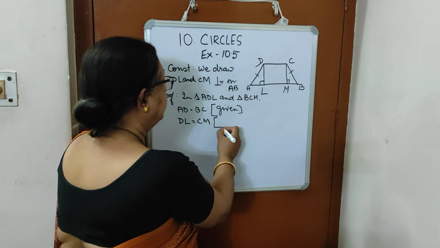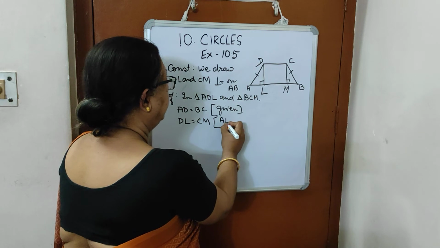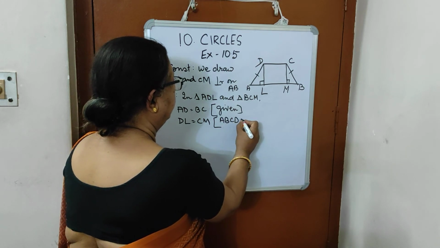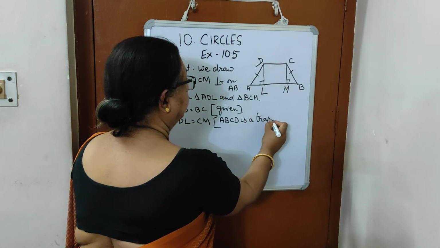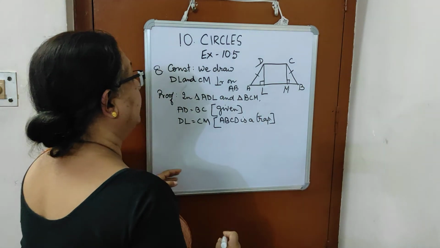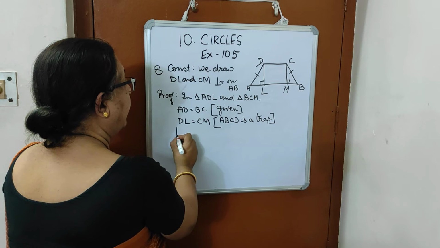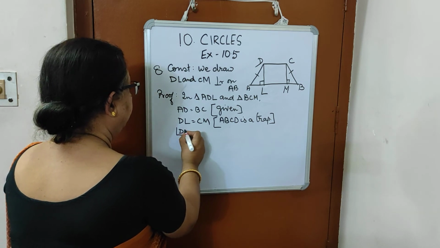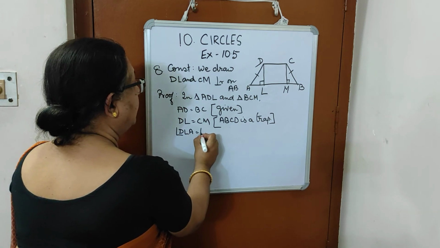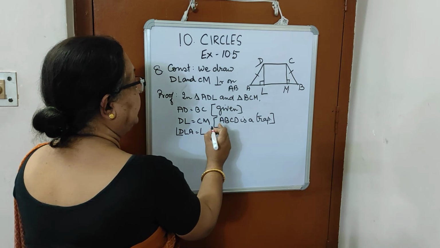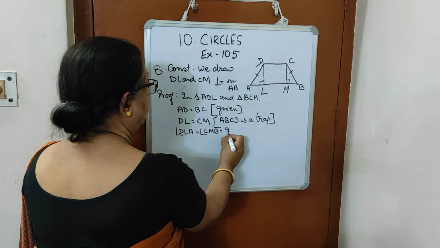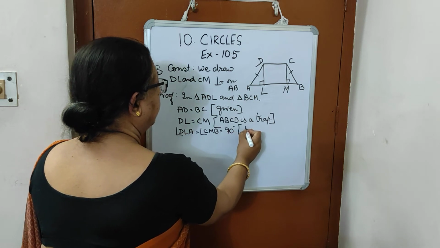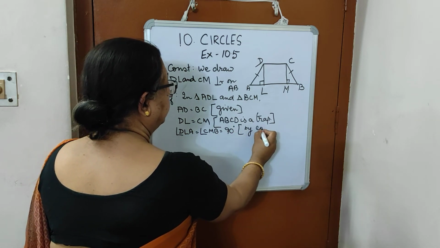You can write the reason, because ABCD is a trapezium. And what else we have? We have angle DLA is equal to angle CMB, 90 degrees by construction.